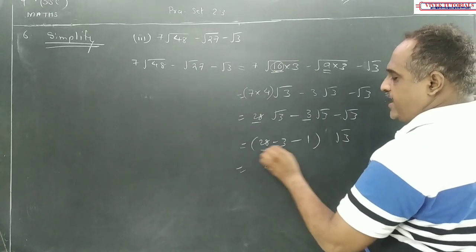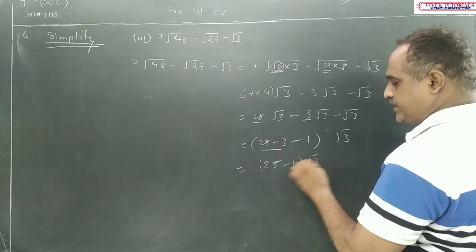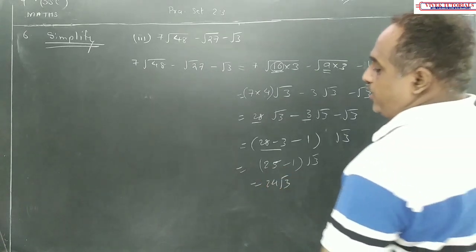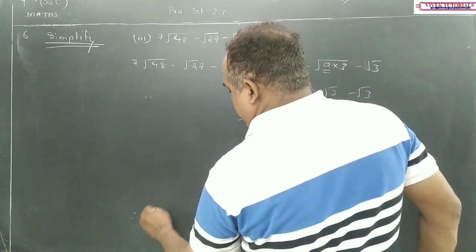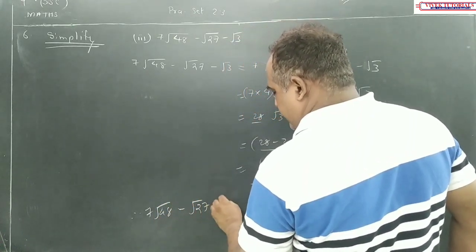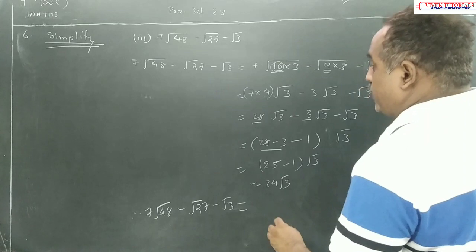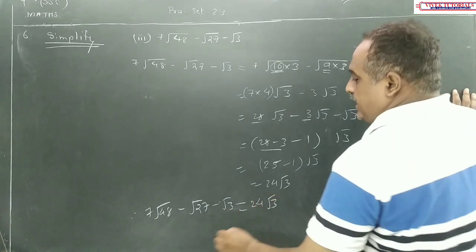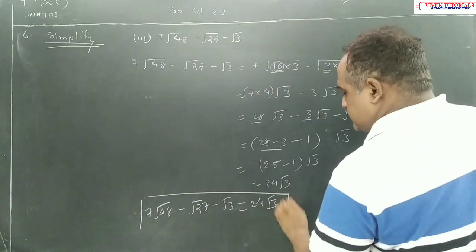So 25 minus 1, into root 3, becomes 24 root 3. Therefore, what answer do I get? 7 root 48 minus root 27 minus root 3 is equal to 24 root 3, which we are going to put in the box.